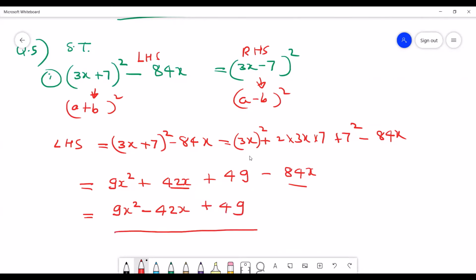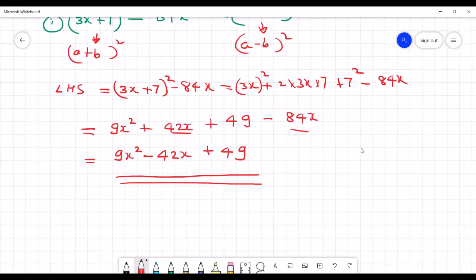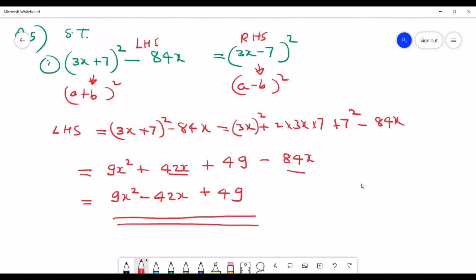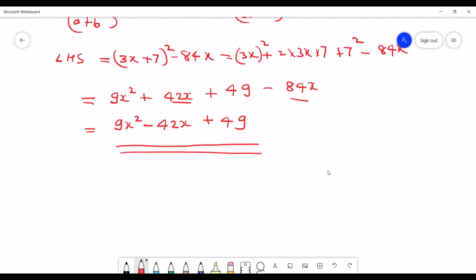So see, this is our right hand side answer. If the left hand side answer also comes the same, then we can say that this is right. So let us take the RHS. RHS is 3x minus 7 whole square.